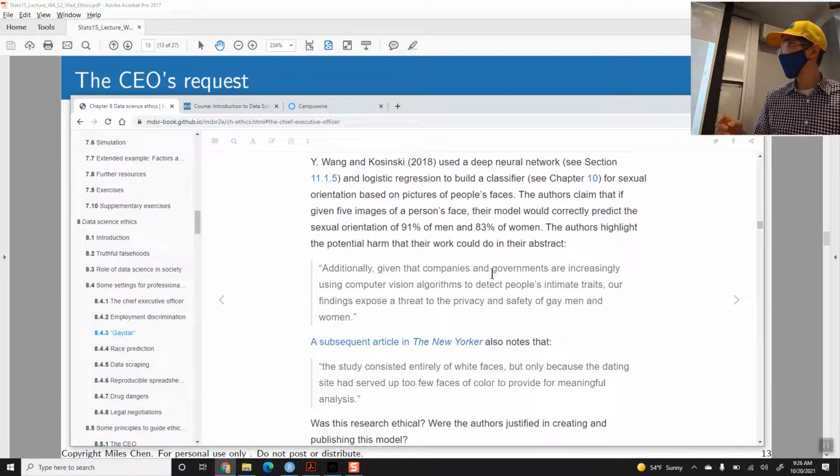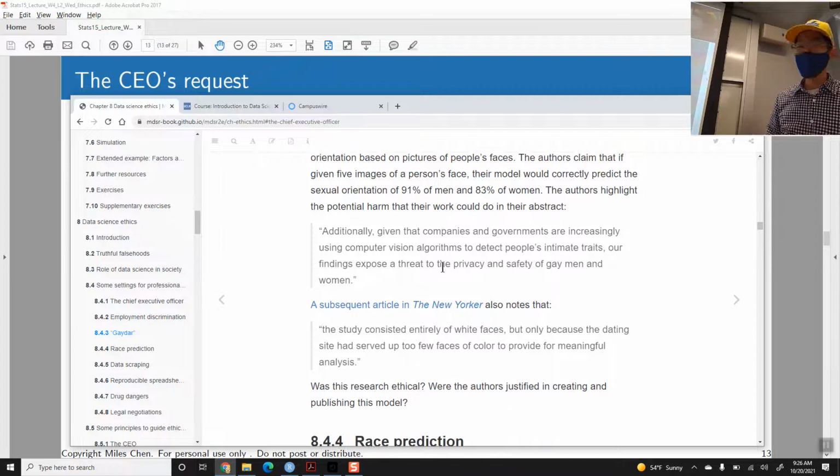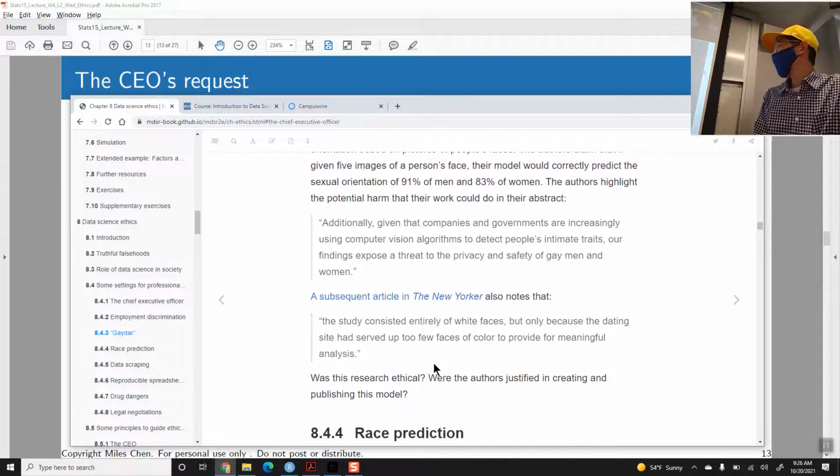The authors also highlight potential harm that their work could do. They say that, given that companies and governments are increasingly using computer vision algorithms to detect people's intimate traits, their findings expose a threat to the privacy and safety of gay men and women. Then an article published in the New Yorker stated that the study consisted entirely of white faces, because the dating site had served up too few faces of color to provide meaningful analysis.